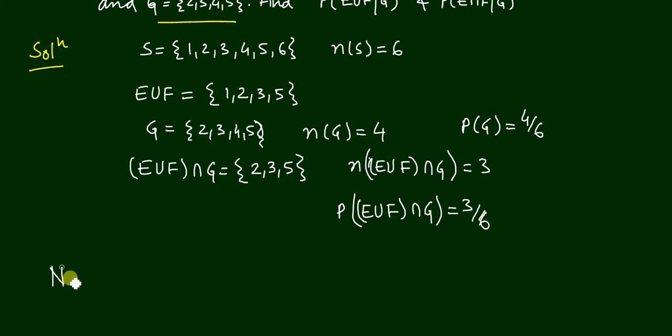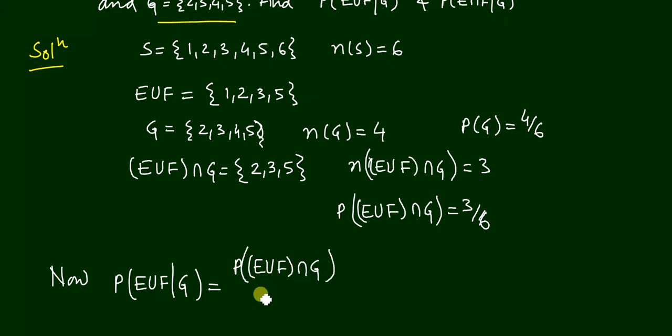Now the required probability, that is probability of E union F when G is already happened, is equal to probability of E union F intersection G divided by probability of G according to the definition of conditional probability.